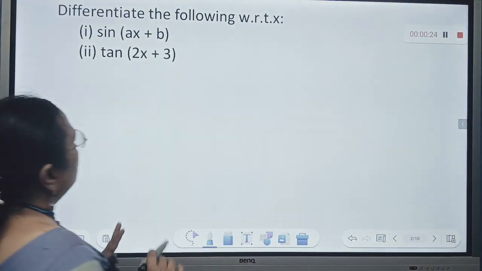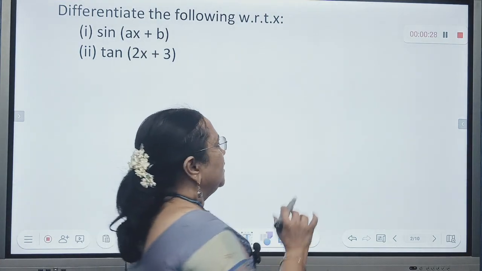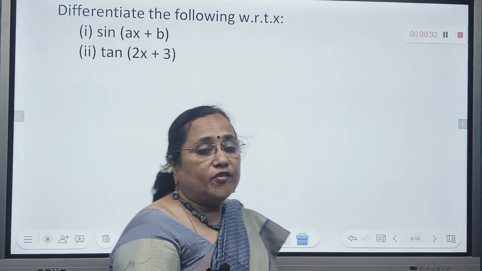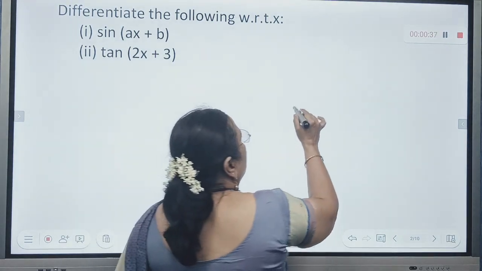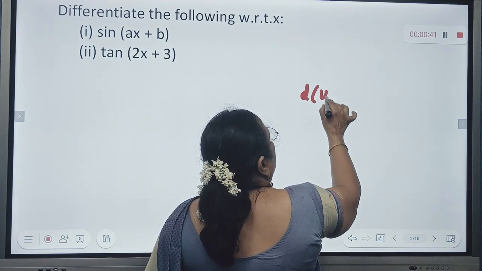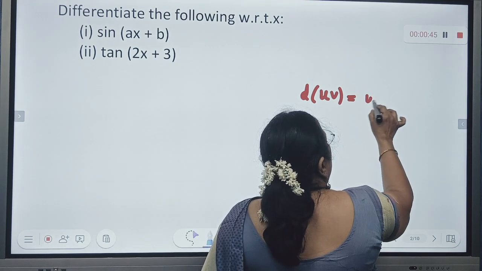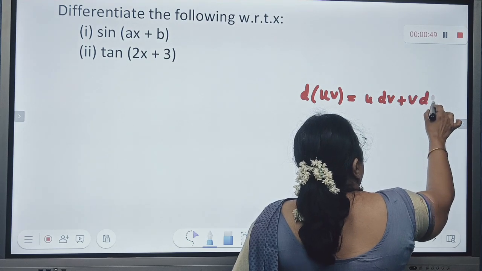Even before I do this problem, I want you all to understand that when there are two real valued functions f of x and g of x, we know the product rule: when you differentiate uv, d of uv will be u into dv plus v into du.